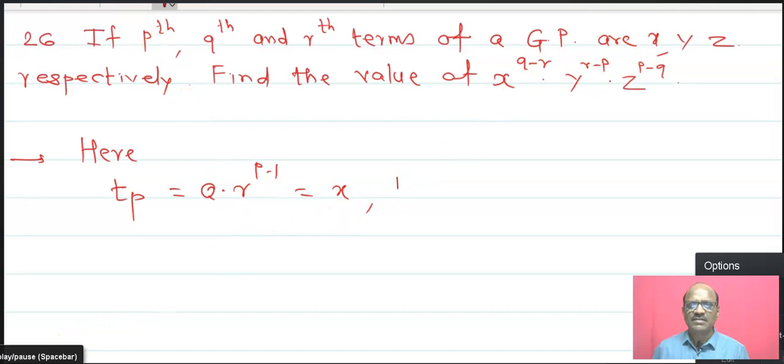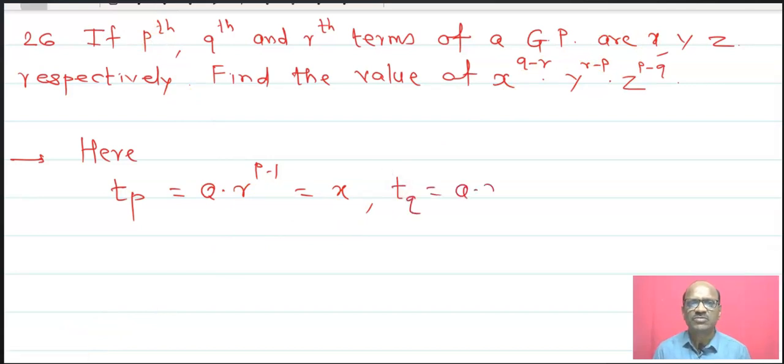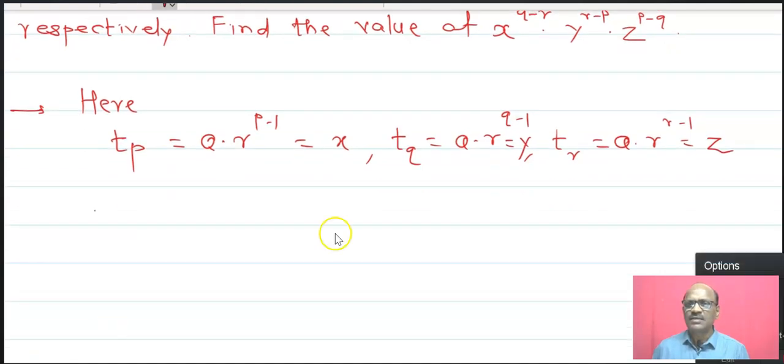Therefore, t suffix p is equal to a into r raised to p minus 1, which is equal to x. T suffix q is equal to a into r raised to q minus 1, and t suffix r is equal to a into r raised to r minus 1, and that equals z. These are the given values.